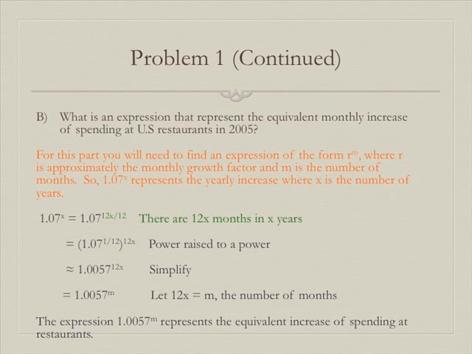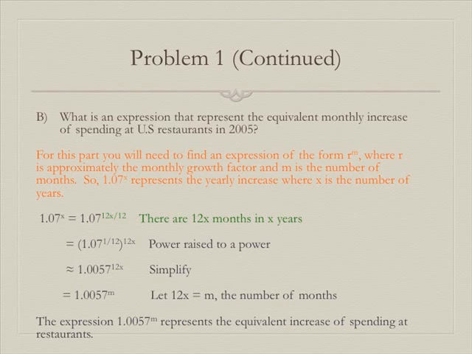Then we separate the fraction 12x over 12 into 1 over 12 times 12x, and then we simplify, which gets approximately 1.0057 raised to the 12x.